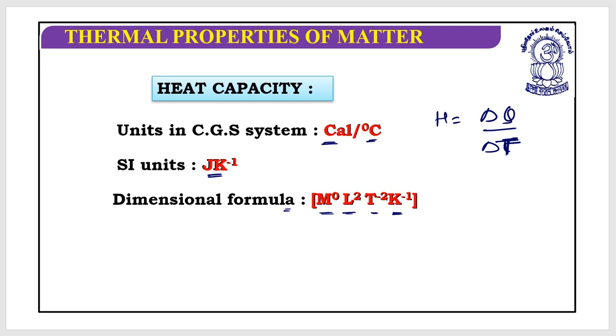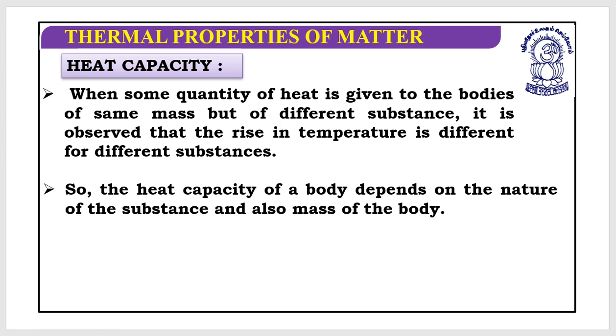Is it clear what heat capacity is? So let's define it. When some quantity of heat is given to bodies of the same mass but of different substances, it is observed that the rise in temperature is different for different substances.